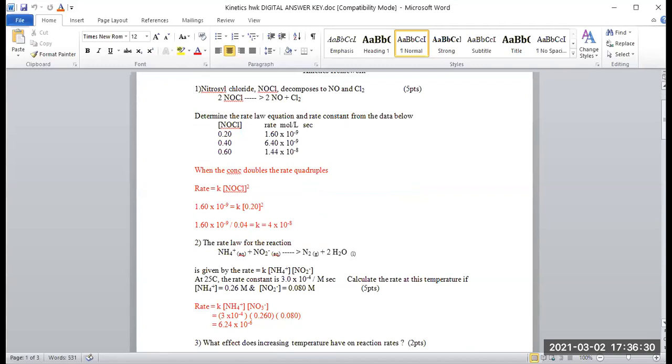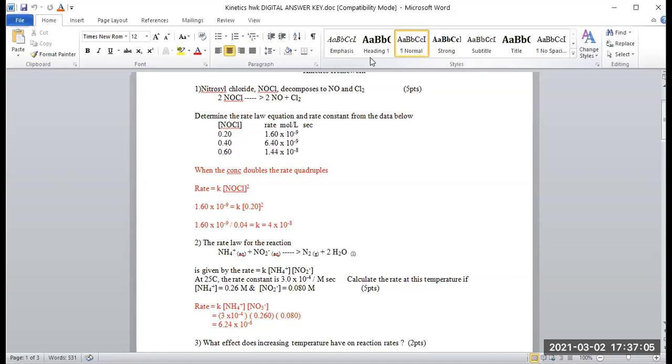If you double your reactant, for instance, if you compared the 0.2 in the first line of data with the 0.4, and then you look at the rates, the rate didn't just double, the rate actually went up by 4. What does this mean for you? It means that the exponent that goes outside your square brackets for the NOCl needs to be a squared. It needs to be a 2.